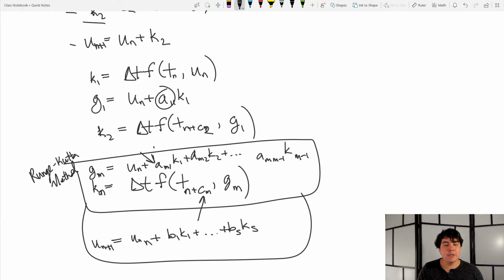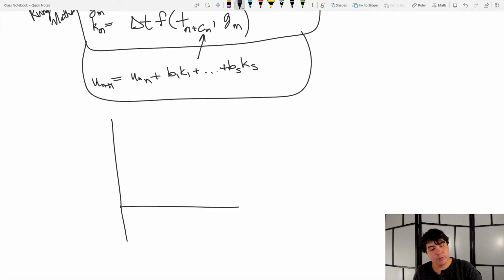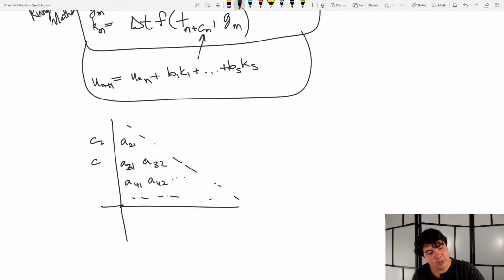So the Runge-Kutta method is actually a very general form. You normally can write this down as some tableau, where you leave a space, so the diagonal is actually empty, and then you have a21, a31, a32, a41, a42, and so on. You have this whole lower triangle, and then you have your c2, c3, and so on, and c1 is always equal to 0, at least in our examples above.